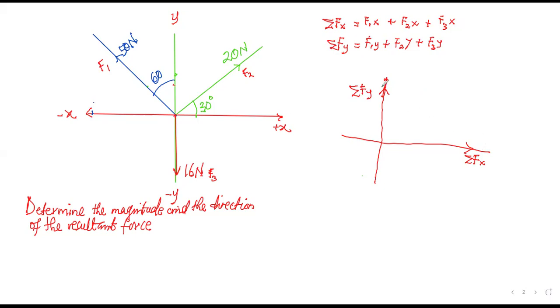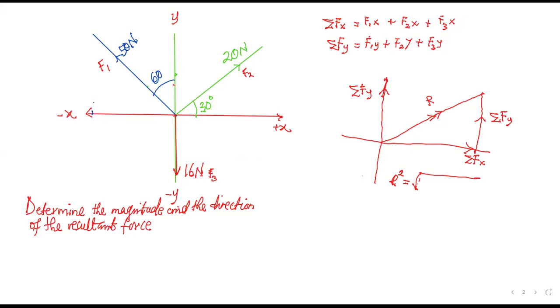Realign their direction and you realize that their resultant will be along the diagonal. So this will become the resultant. When you draw equal vectors, this side must be equal to this, so that this is also summation Fy.